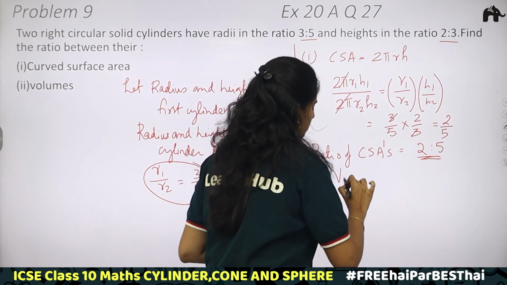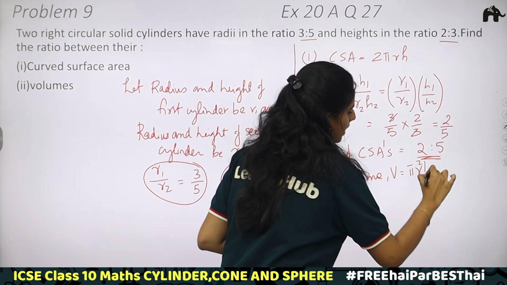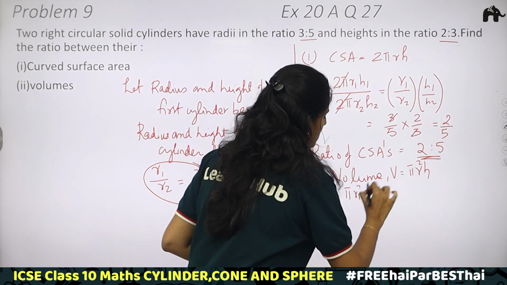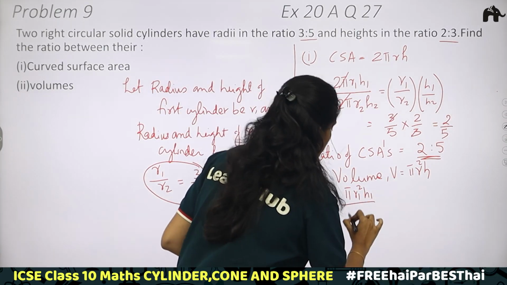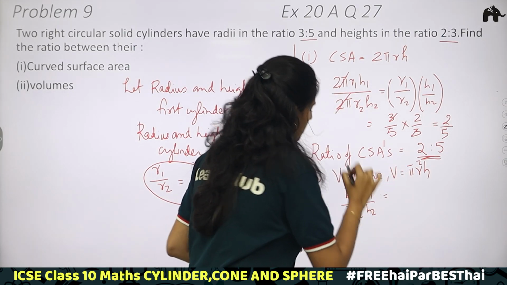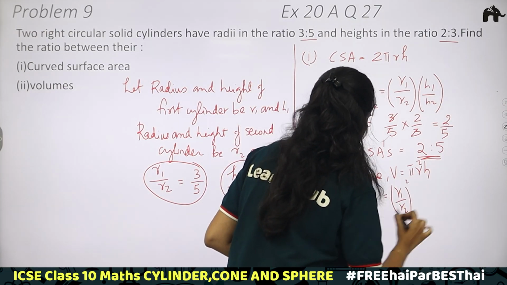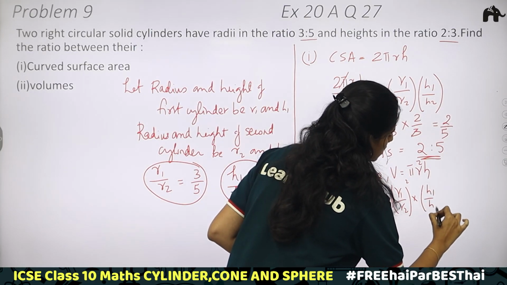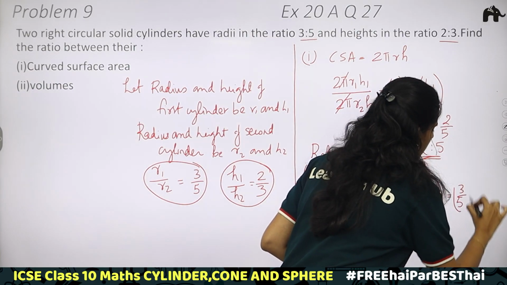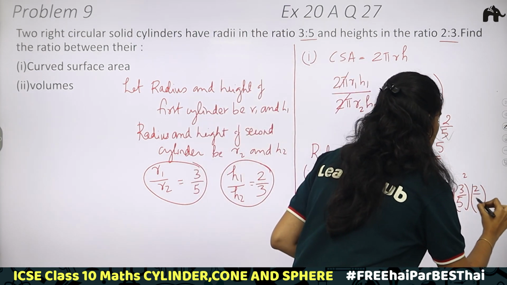Now the second part, we need to find the ratio of their volumes. How to find volume? Volume of cylinder V is equal to pi r square h. So here the required ratio will be pi R1 square H1 divided by pi R2 square H2. That is equal to, pi and pi get cancelled, R1 by R2 whole square into H1 by H2. R1 by R2 whole square, 3 by 5 whole square, H1 by H2 is 2 by 3.